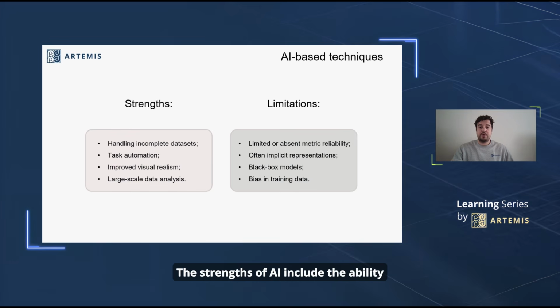The strengths of AI include the ability to manage incomplete datasets, automate repetitive operations, improve visual realism, and analyze large amounts of data. However, the limitations are significant. Metric reliability is often reduced or absent. They may produce implicit representations, such as NeRF, rather than true 3D models.